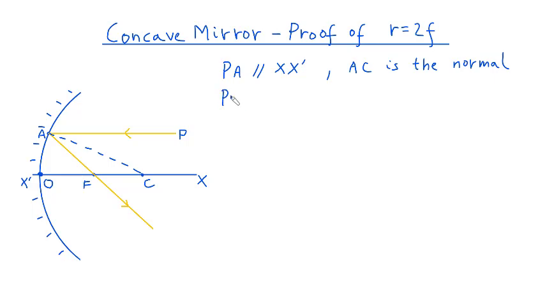So the proof proceeds as follows. Let us call this angle here theta. Okay, so we are saying that angle PAC is theta.